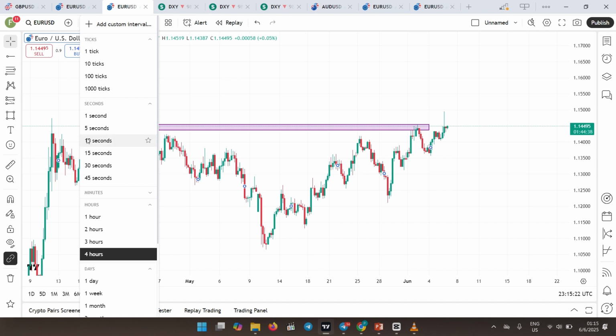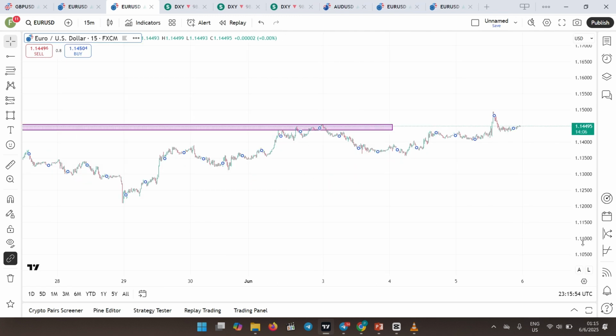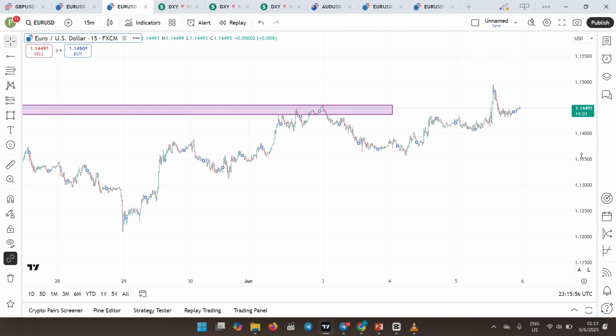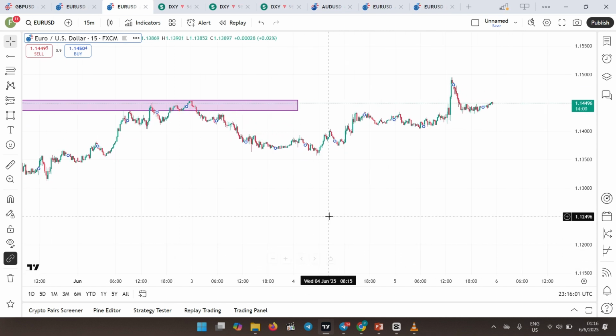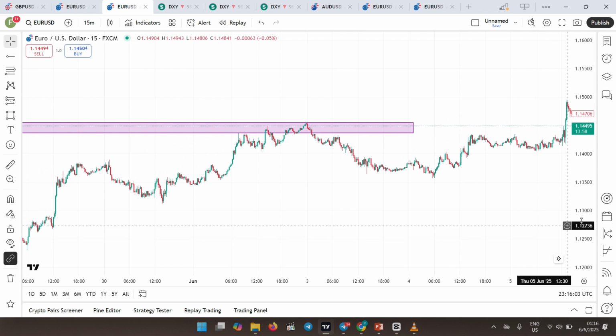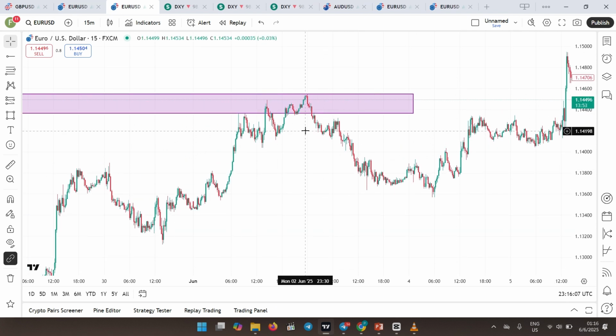Let me try to go on M15 and see. Okay guys, it's this simple. My support was here, and I showed you guys that we have control shift candles. What do I see? Do you see that the market direction is creating higher highs and higher highs?